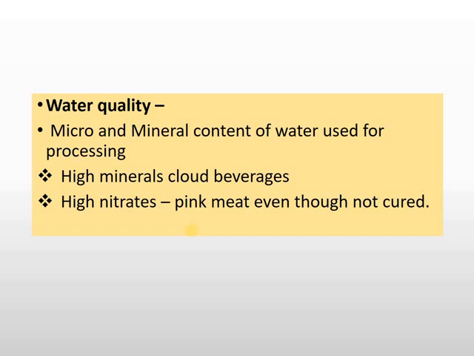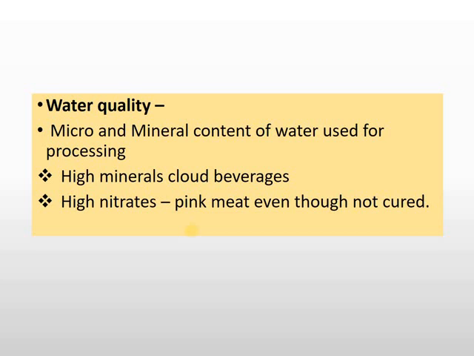So that becomes a problem in the food industry, because when you have high minerals in water, it forms clouds in beverages, and you don't want a cloudy beverage, because a cloudy beverage looks like a beverage that contains a growth of microorganisms. And then secondly, if your water contains high nitrates and you are using that water in processed meat, the meat will look pink.